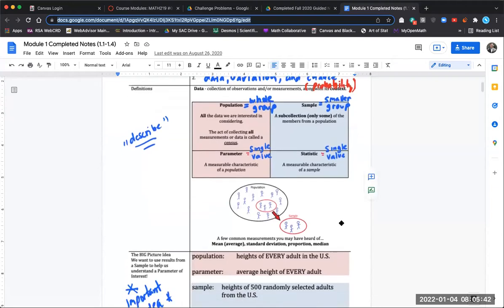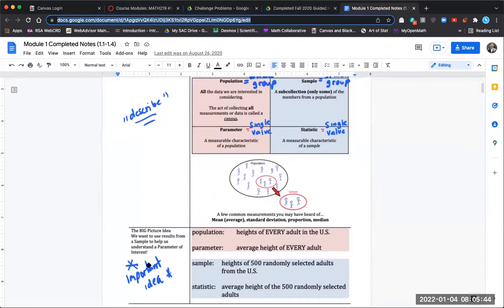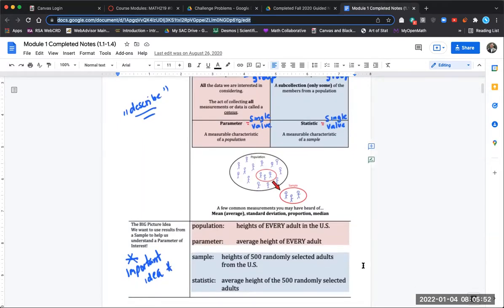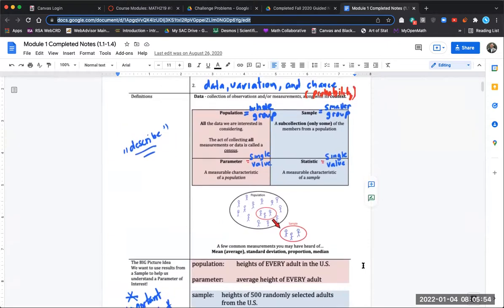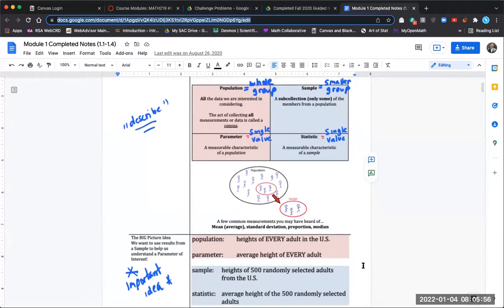But I think the most important thing, the big idea here, is that we want to use results from a sample to help us understand a parameter of interest. Now, a parameter comes from the population, and it's important that we may never know what the parameter is for a population, because the population is always changing. It's not static.